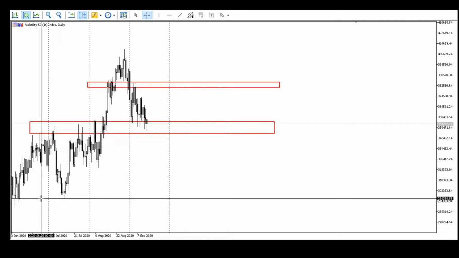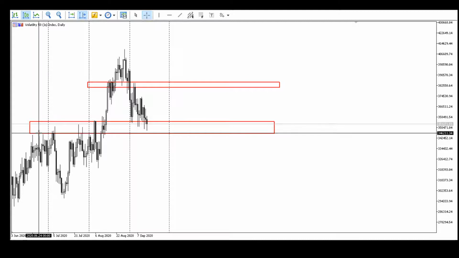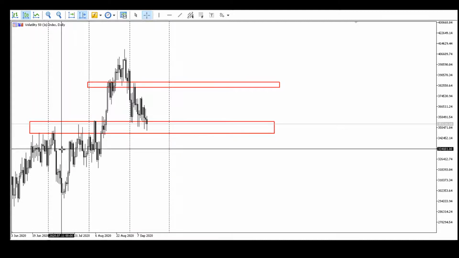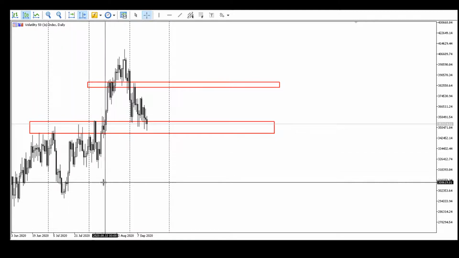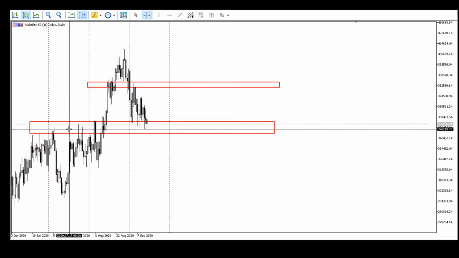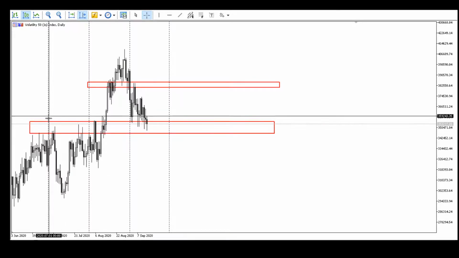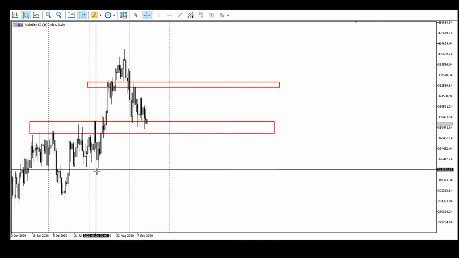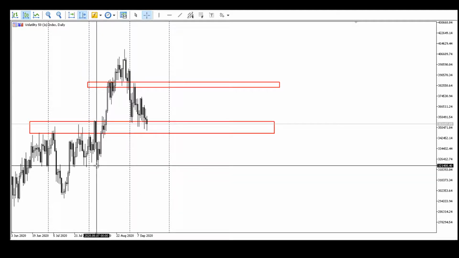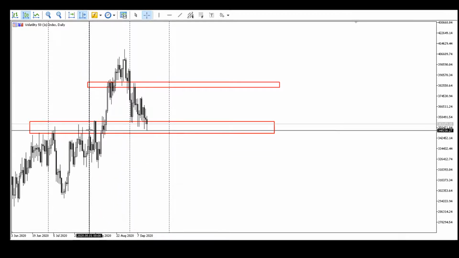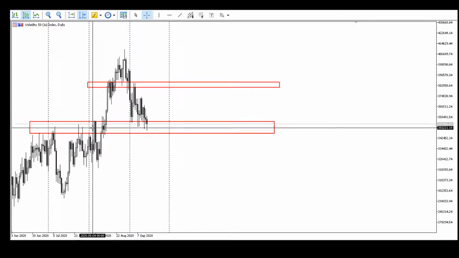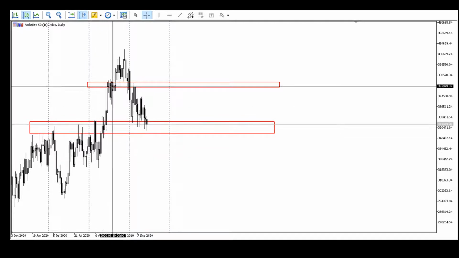So June, they create this high here, they touch. June, July, I mean, they enter to this buffer zone, also they touch this level. Again, August, the same, they touch, they come down, but they break it.